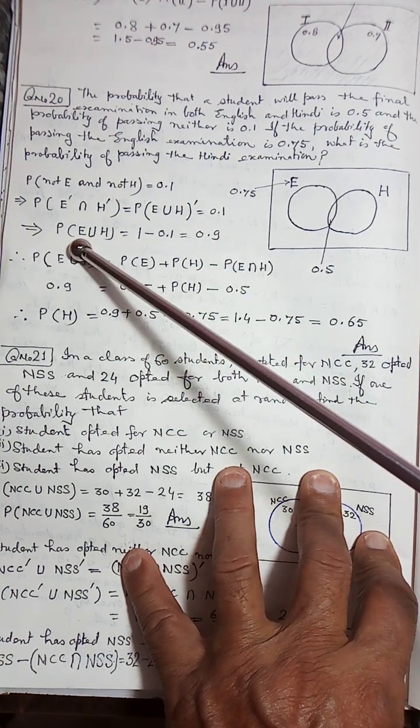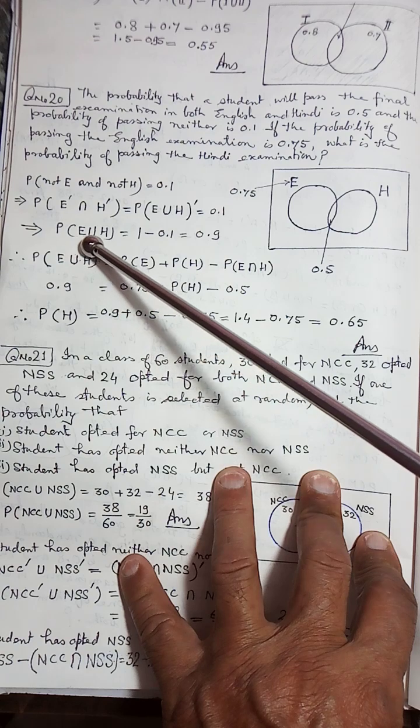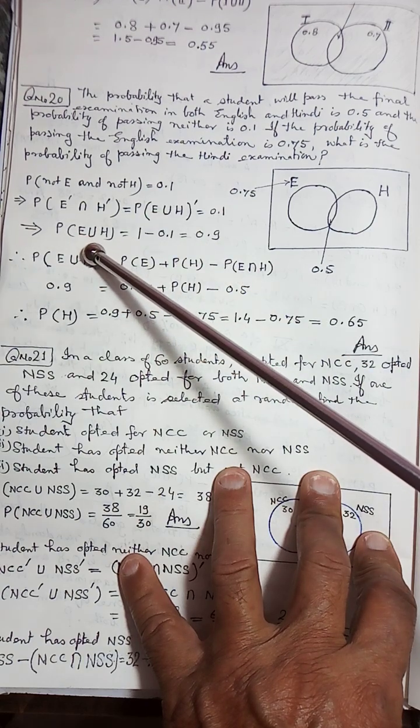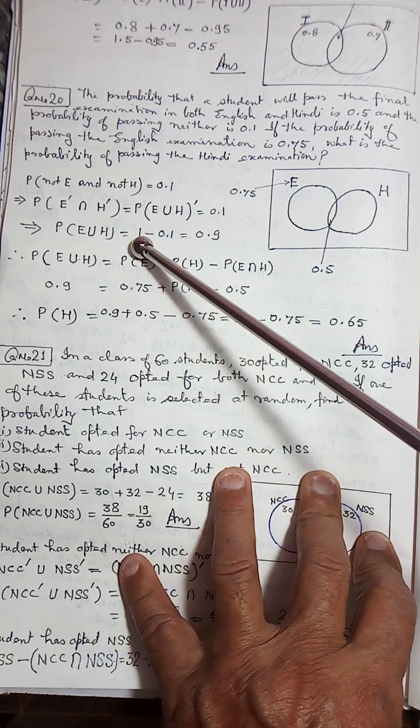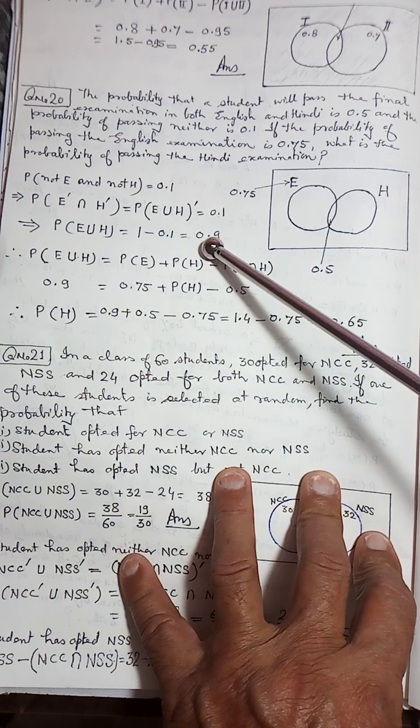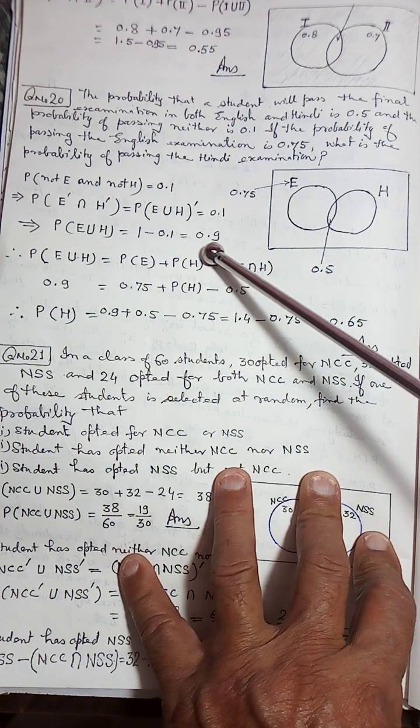Now the probability of English union Hindi will be equal to 1 minus 0.1, and it will be equal to 0.9.